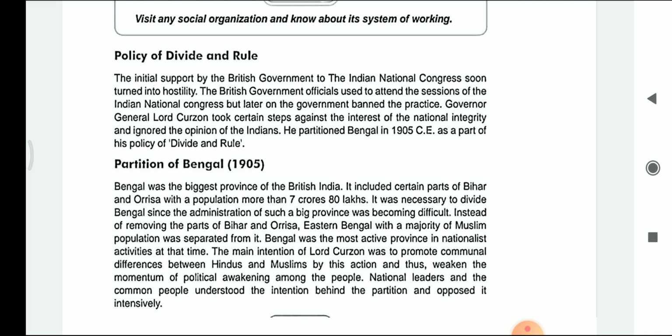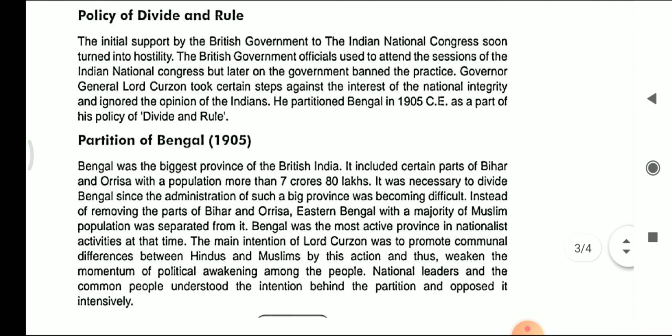When officials used to attend the sessions of the Indian National Congress, the British government later banned this practice, and hence Lord Curzon, who was the Governor General, adopted the policy of divide and rule, which was against national integrity and ignored the opinions of Indians, and hence Bengal was partitioned in 1905 by his policy of divide and rule.